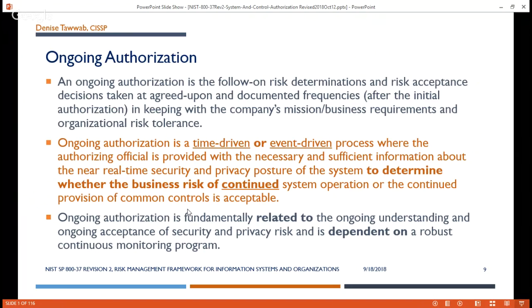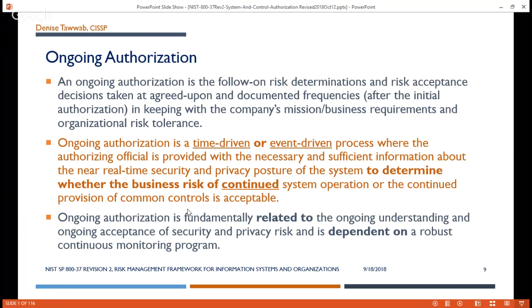The next type of authorization is ongoing authorization. And ongoing authorization is the follow on risk determinations and risk acceptance decisions taken at agreed upon and documented frequencies after the initial authorization happens. And this is in keeping with your company's business requirements and your organization's risk tolerance.